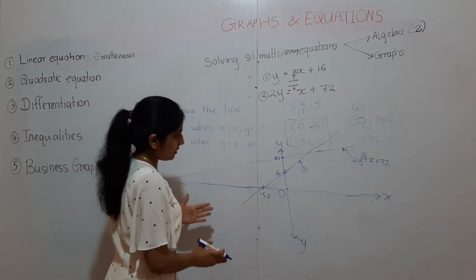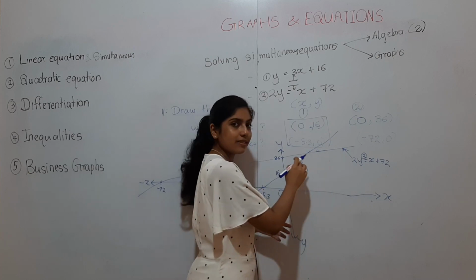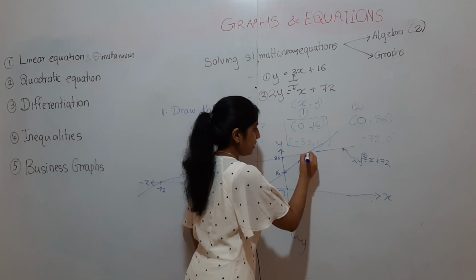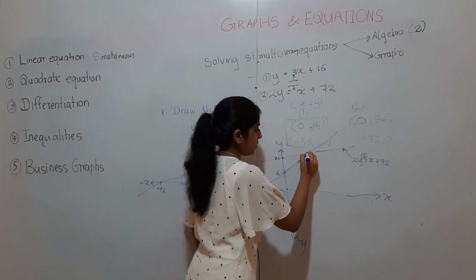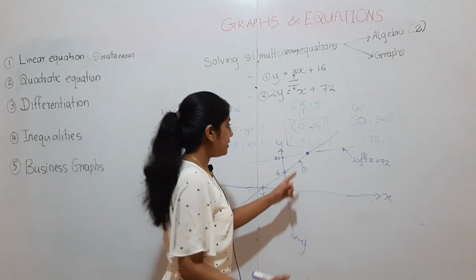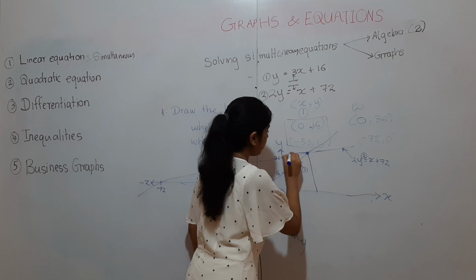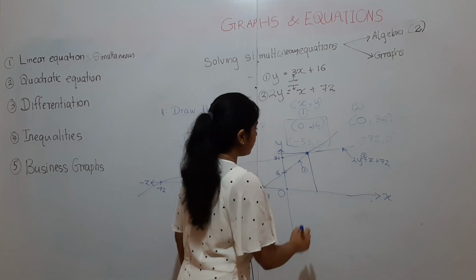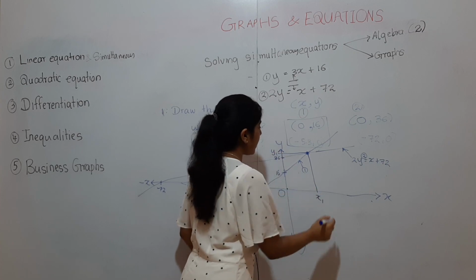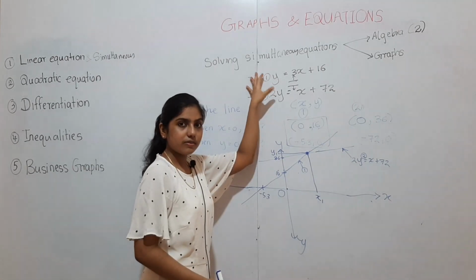Now, interesting fact. Can you notice that both lines join? It joins at one point here, isn't it? This point is the point or the coordinate that gives the x and y value that satisfies both these equations.